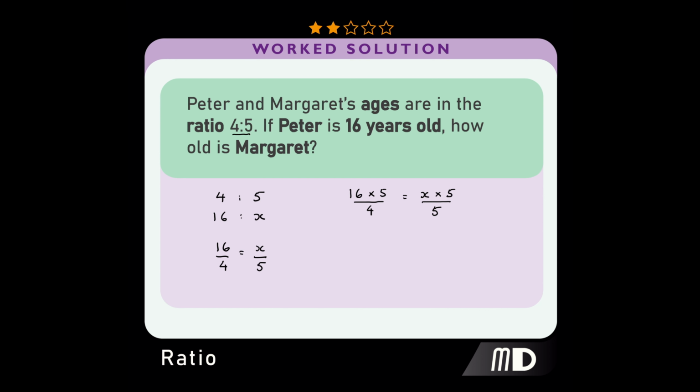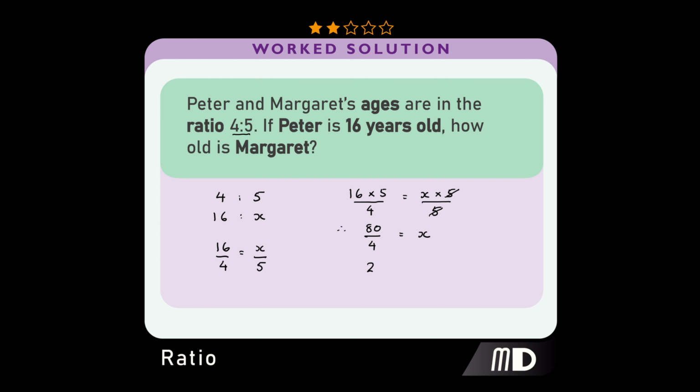And 16 multiplied by 5 is equal to 80. So, our equation can be simplified to give us 80 divided by 4 equal to x. 80 divided by 4 is equal to 20.